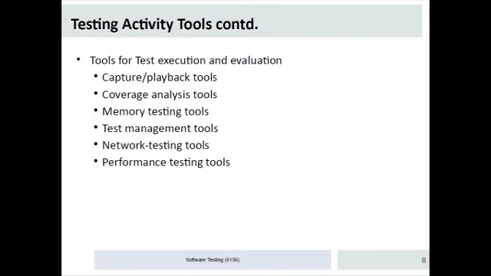Memory testing tools help to verify whether the application is using memory resources properly. It checks whether the application is releasing the allocated memory or not, overwriting or overreading array bounds, or reading and using uninitialized memory. So it will help to reduce all the memory related defects.